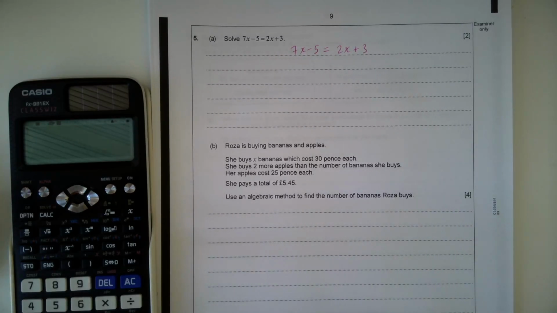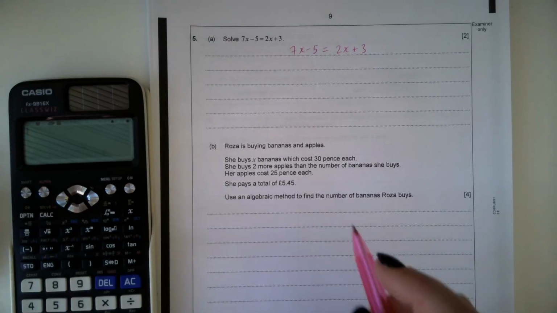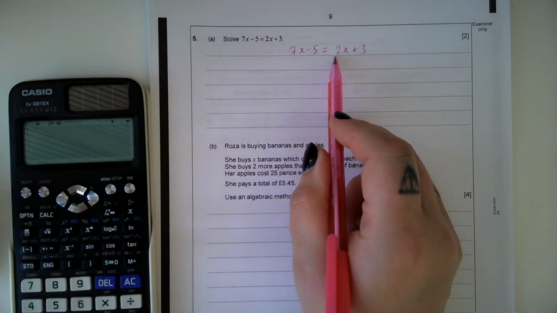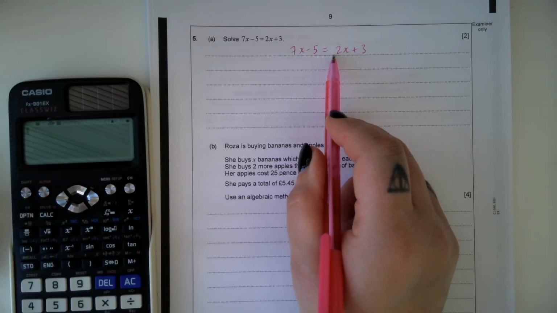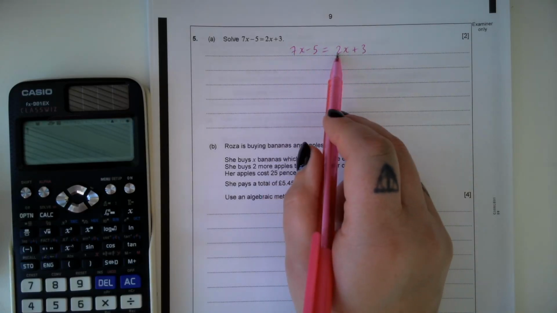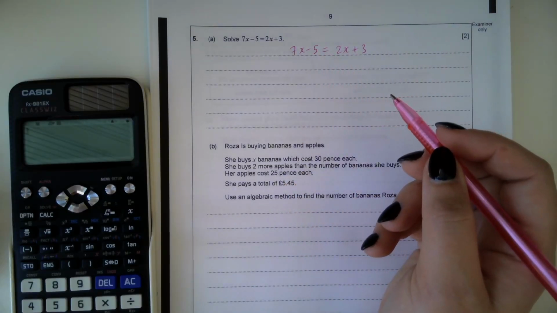So what I'm going to do is eliminate the smallest x term. So we've got 7x and we've got positive 2x. I know that that's a positive 2 because there's no negative sign in front of it. So if I compare 7x and 2x, 2x is the smallest x term, so that's the one I'm going to eliminate.